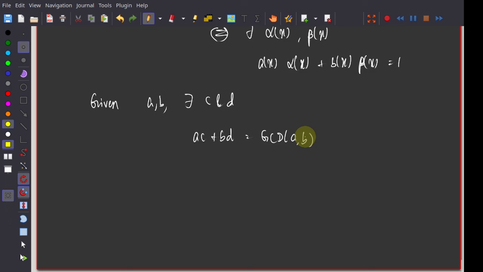So if you want to implement, say, a linear code over a field which does not have prime size, then we'll have to do polynomial arithmetic. Okay, so let's stop here.